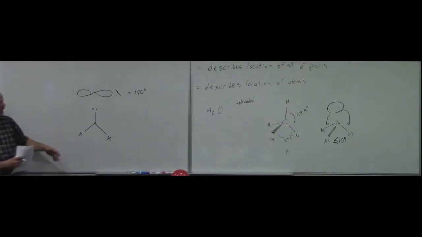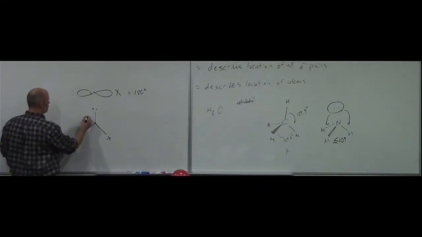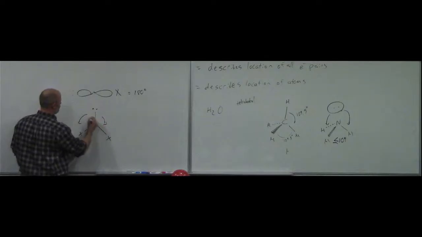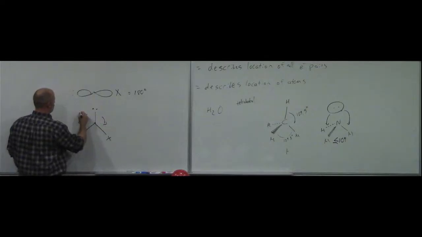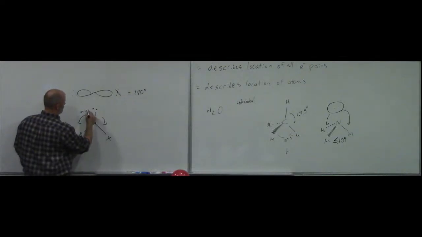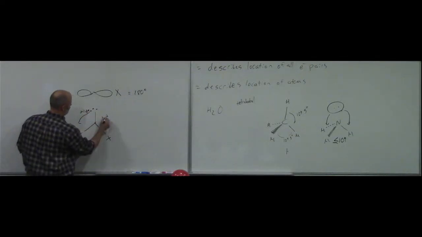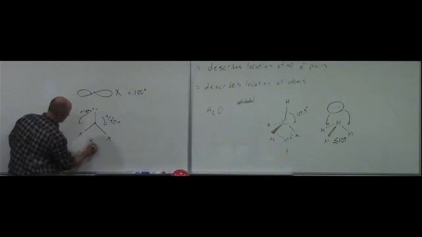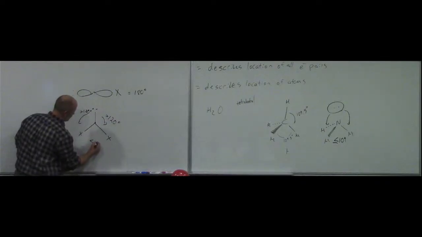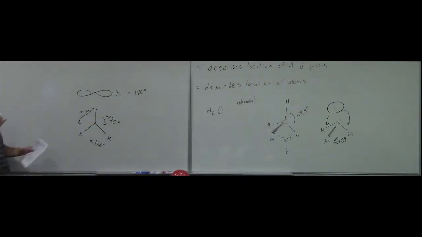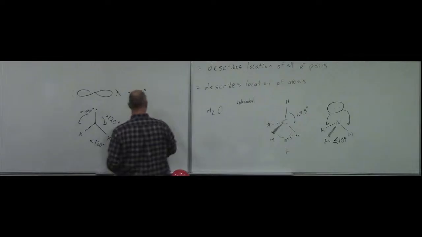And either way, this is going to be a little greater than 120 degrees, and this is going to be a little less than 120 degrees. I can do the same thing with tetrahedral.